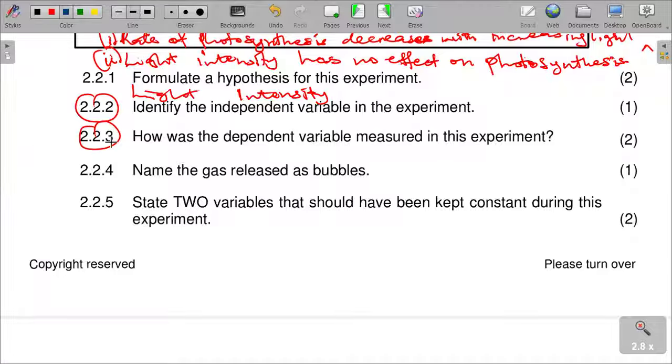Counting the number of bubbles produced per minute.